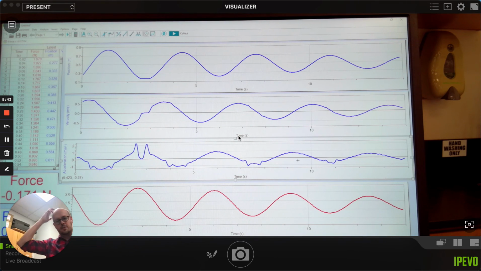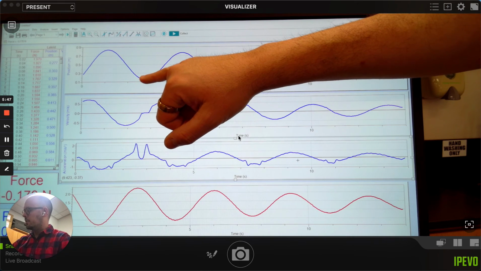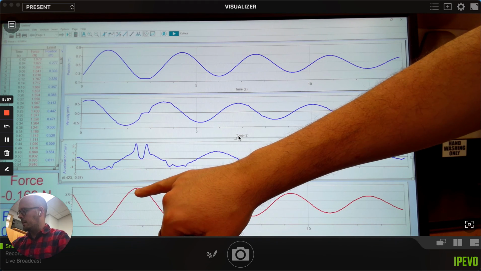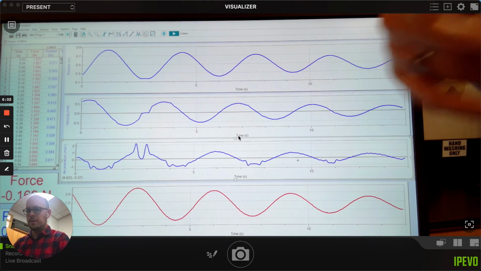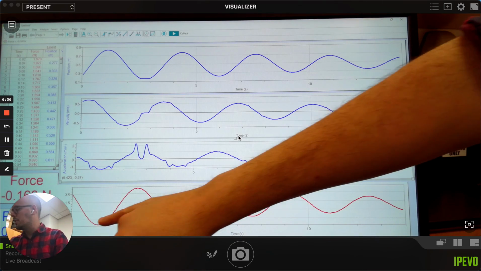What you have to understand for this one is these troughs of this graph, that's when the cart is the closest to the detector. And so that's when the spring was stretched the maximum possible amount, and so that's when the force was the highest. When the cart gets up to its highest position, the spring, because of how it's made, is essentially completely unstretched, and so we get a minimum force.